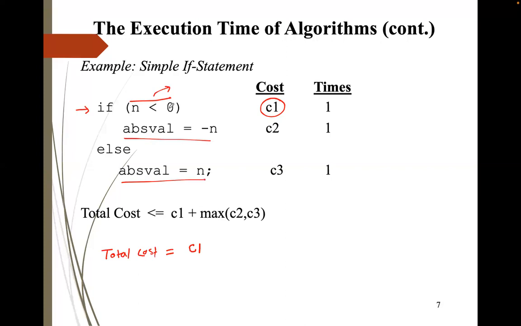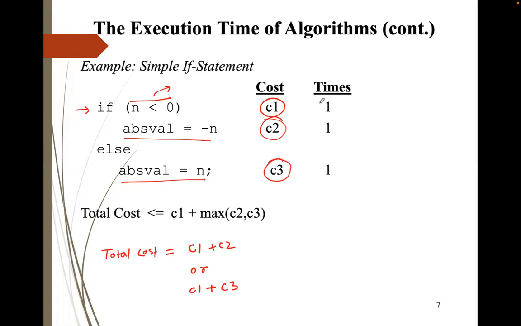Now, if this condition is true, then this statement will be executed, where the cost is C2. But if this condition is false, then this statement will be executed, where the cost is C3.